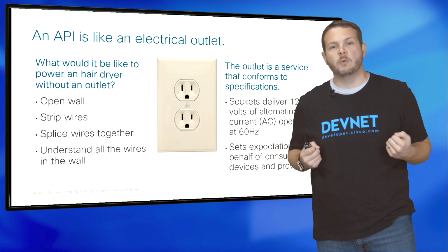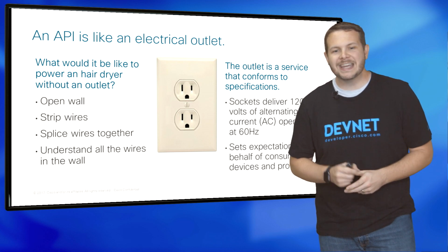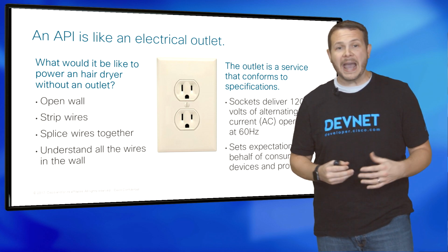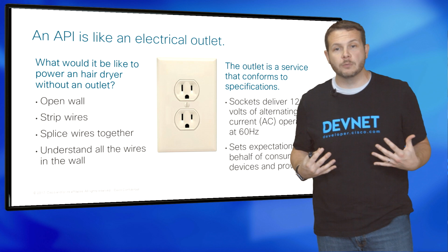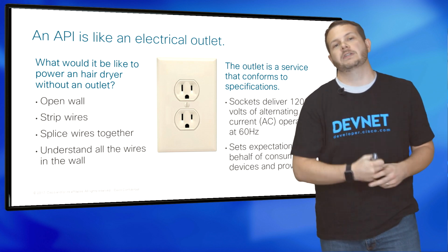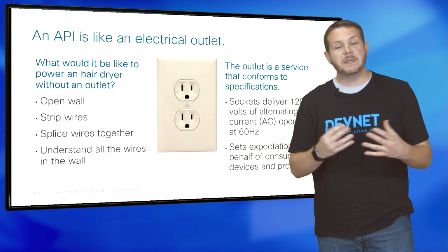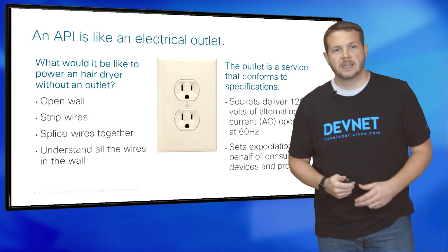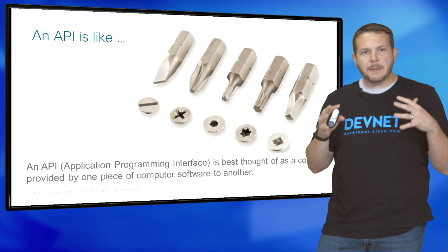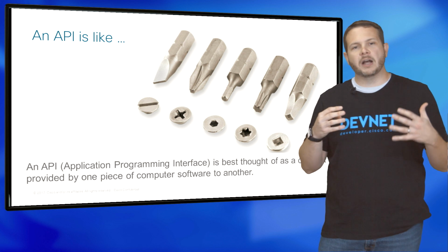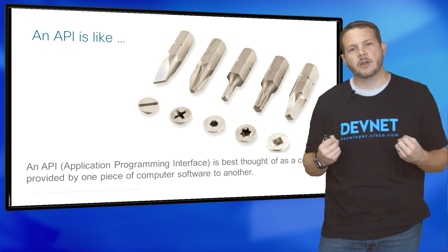So our appliances will work with our outlets. It sets the expectations on behalf of ourselves as consumers of the power utility that we want to consume. APIs do the same things. Now, if we look at it another way here, APIs are like nuts and bolts and screw heads and bits as they go together.